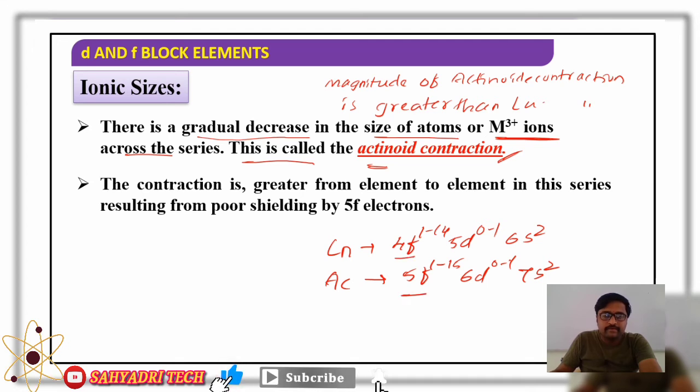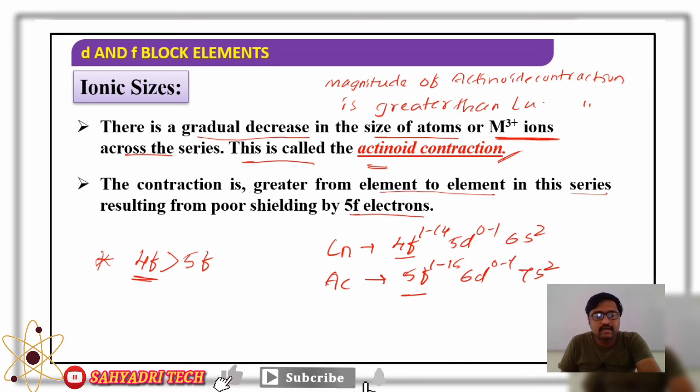On comparison, the actinide contraction is greater from element to element in this series, resulting from the poor shielding effect of 5f electrons. 4f electrons have more shielding effect than 5f electrons; in other words, 5f electrons have very poor shielding compared to 4f electrons.